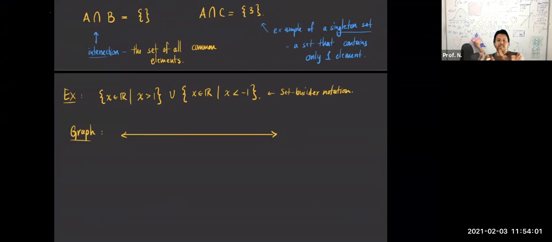So how would this set look when we graph it? Anybody? Just take each set individually.